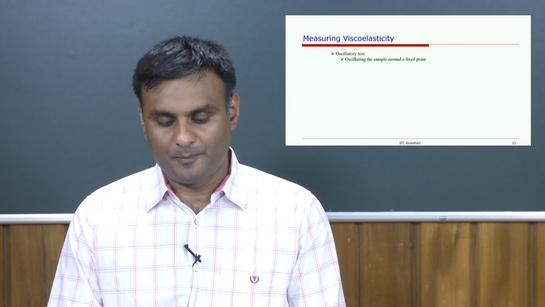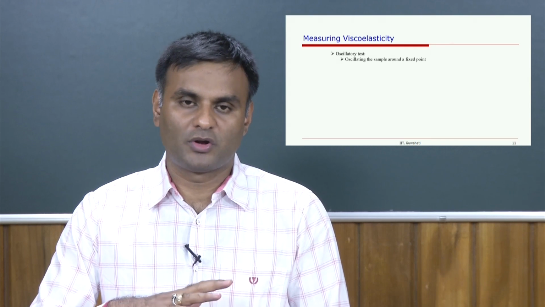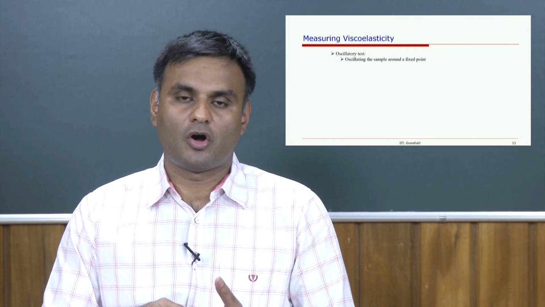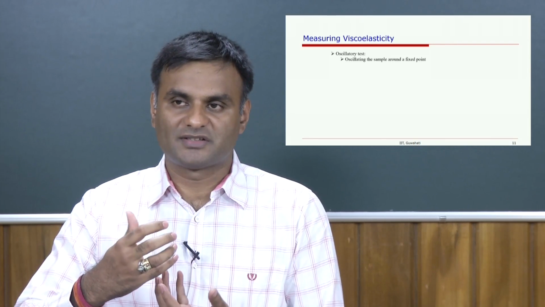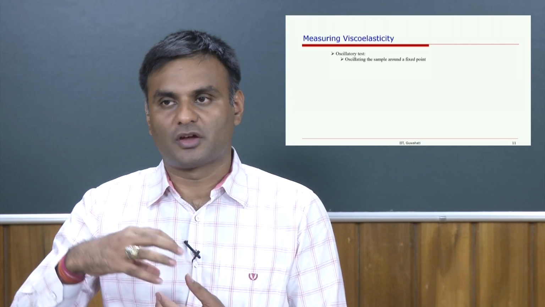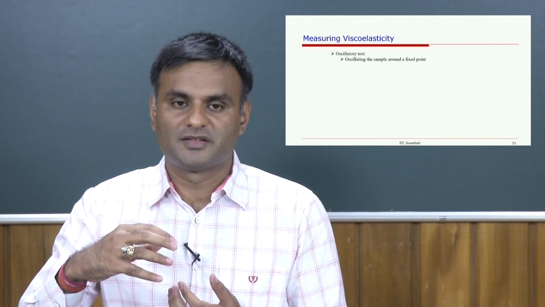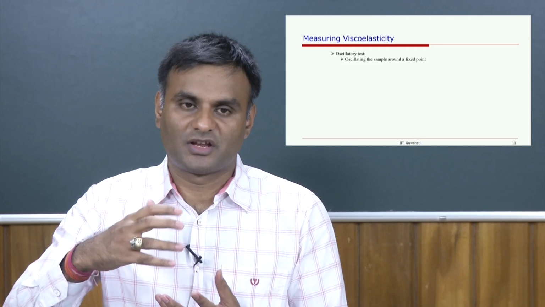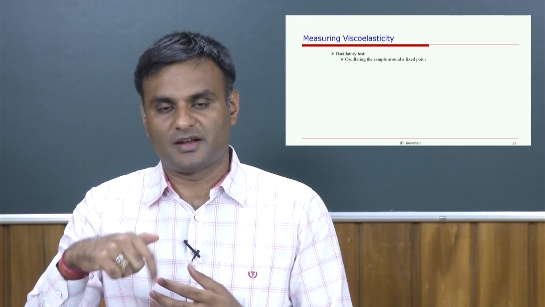So, the sample, say for example, in a cone and plate viscometer or coaxial cylinder viscometer, the outer cylinder which is rotating, or the cone which is rotating, is imparted an oscillatory motion, for example sinusoidal motion, in place of a unidirectional rotation.